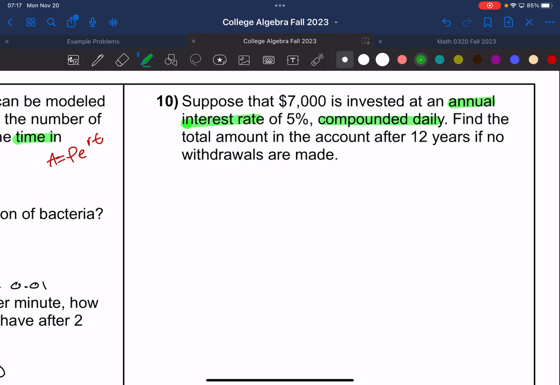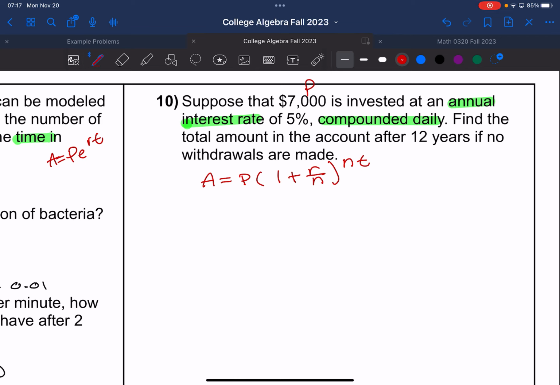Okay, so that compounded right here tells us we're using that compounded formula, which is A is equal to P times 1 plus R over N to the power of NT. Let's go back and label everything. What would be our P value? What did we start with? 7,000, so that's P.